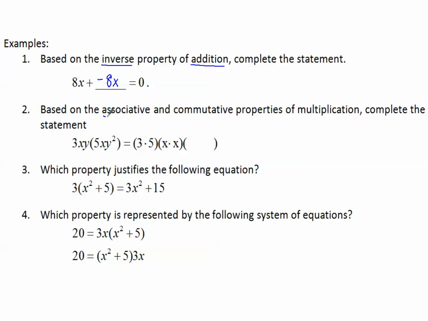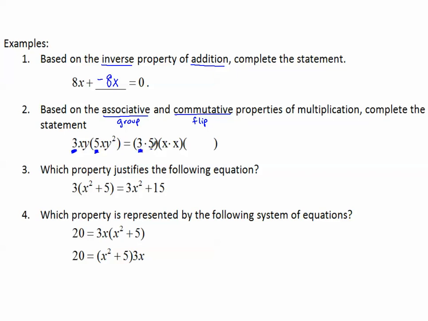Based on the associative, so I think grouping, and commutative, so I think change places or flip them around, properties of multiplication, complete the statement. So I'm thinking of things that are grouped differently. I see the 3xy times 5xy squared.